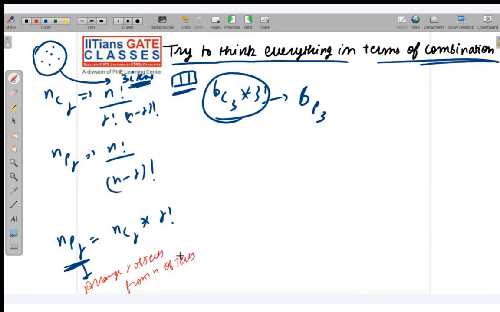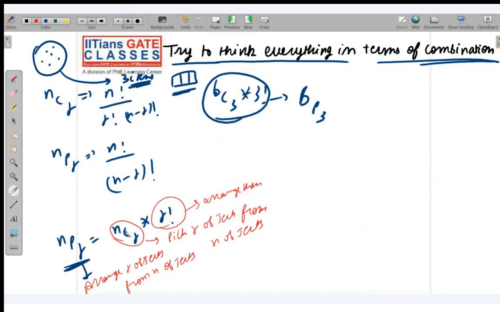How can you arrange them? First you have to pick them. So what is NCR saying? Pick r objects from n objects. And what is r factorial saying? Arrange them.